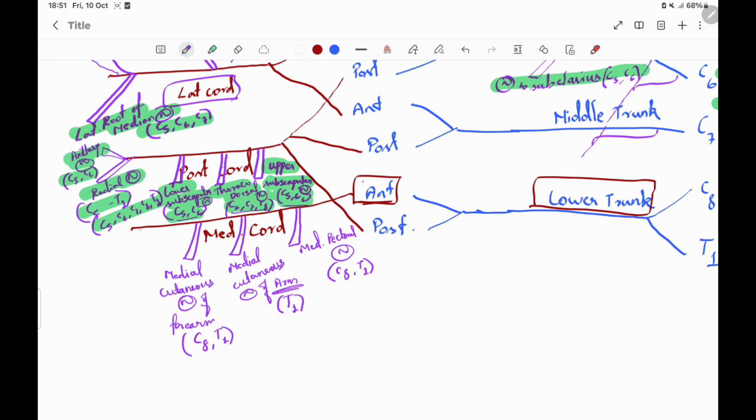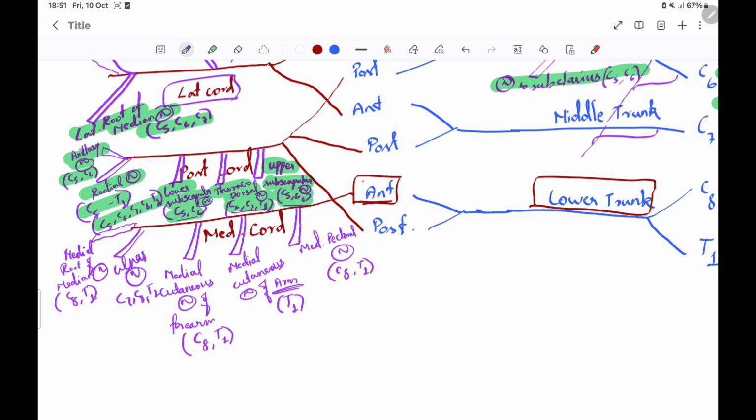The others are the ulnar nerve and the medial root of median nerve. The ulnar nerve has C7, C8, T1. The medial root of median nerve has C8, T1.